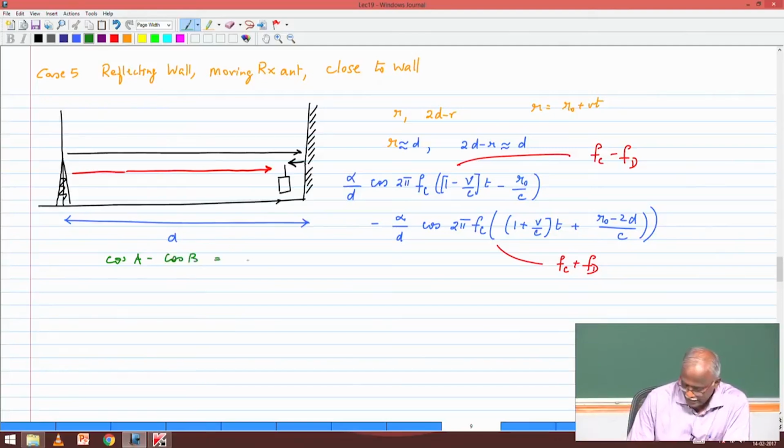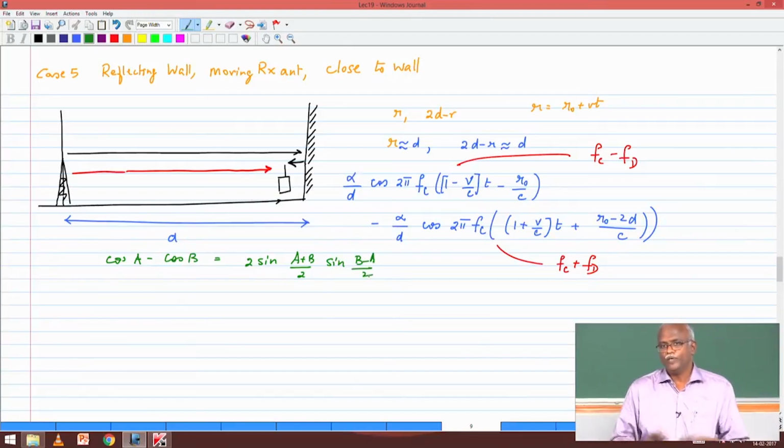So this can be written as 2 times sine of (A plus B) by 2 times sine of (B minus A) by 2. Don't worry too much about the signs. The quantity inside is the important one, but make sure that you get the signs correctly.